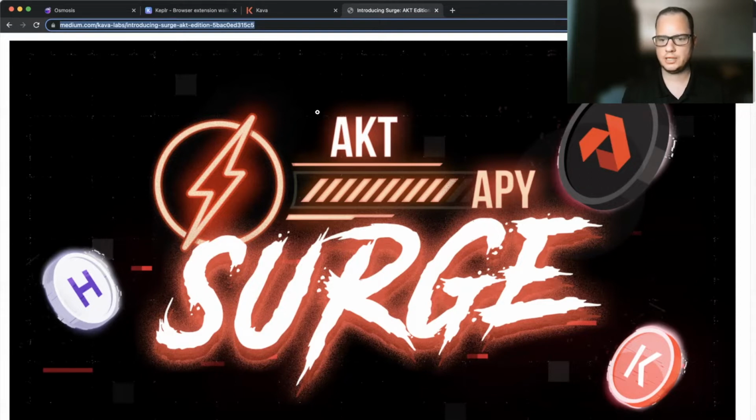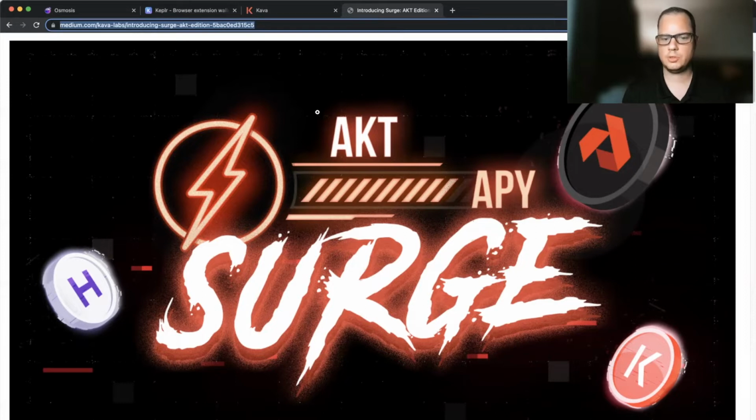The first token they did, starting I think January 21st, was the ATOM token, where the APYs were extremely high. And of course, as more people started putting their capital into the KAVA lend protocol, the APY obviously came down, but they are going to have another surge event starting February 25th. So in just about 2 weeks.